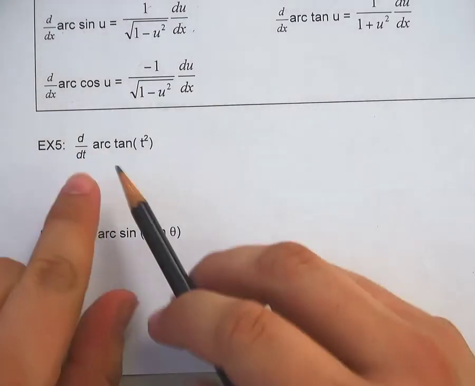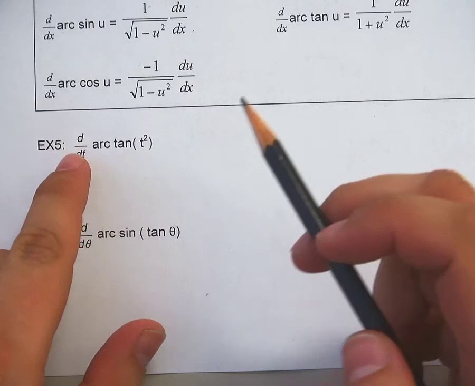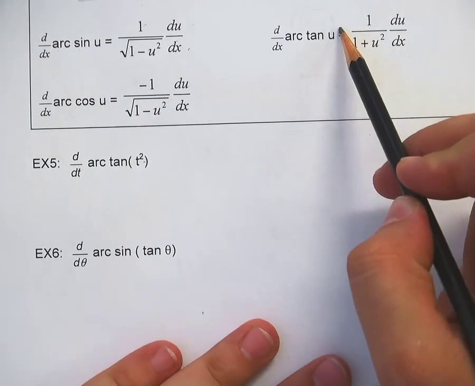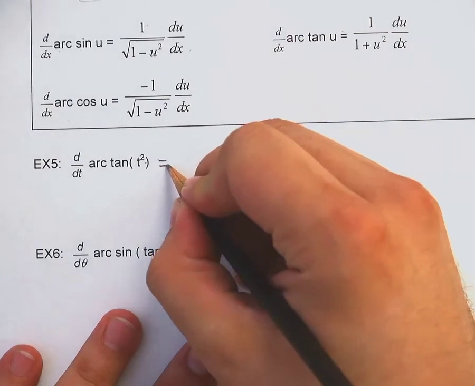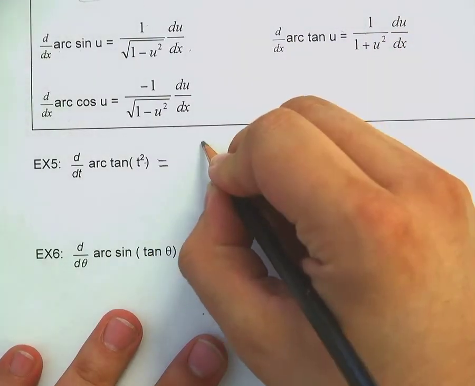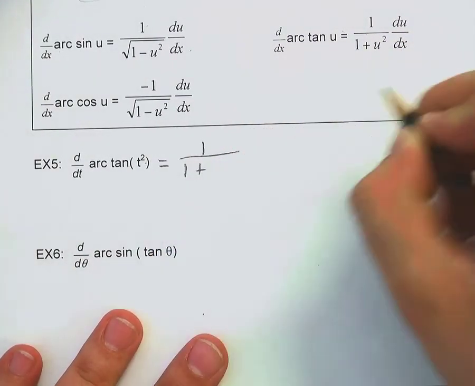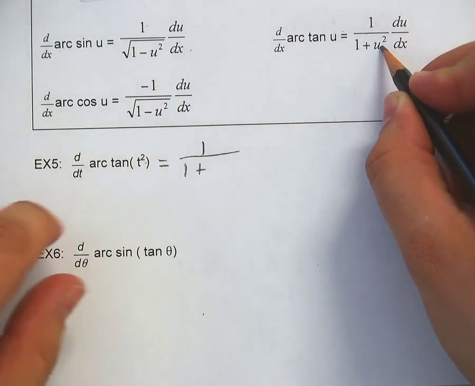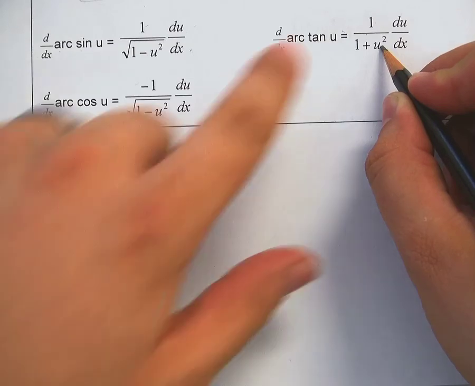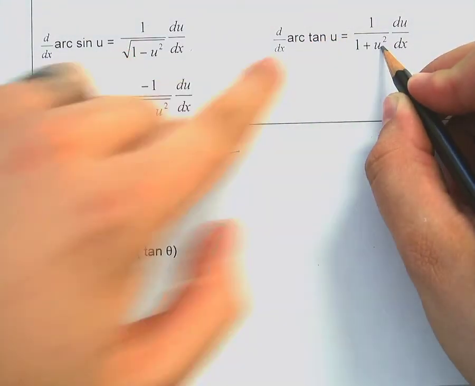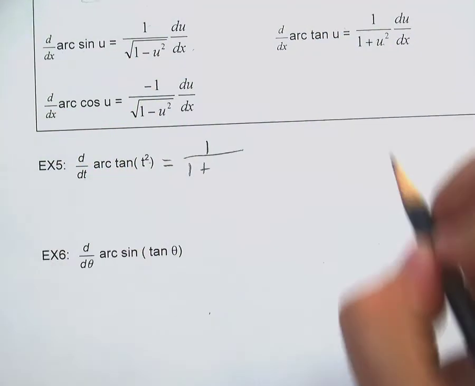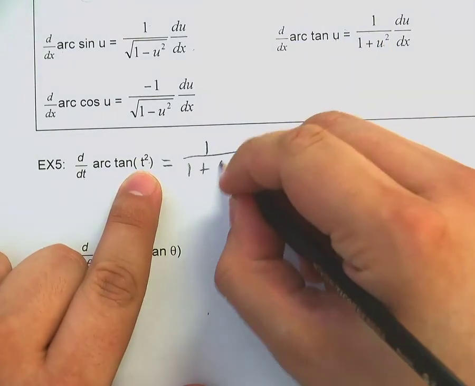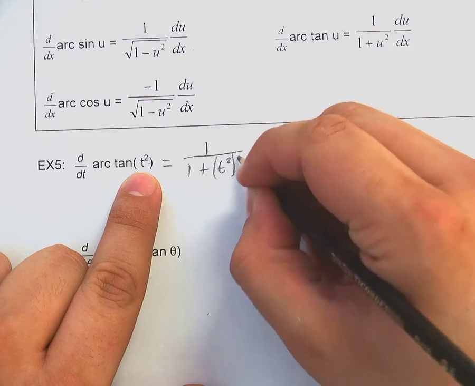So the derivative with respect to t of the arctangent of t squared, that's this guy right here, is going to be equal to 1 over 1 plus. Now you see this u squared right here? U in this case is t squared. Okay, so u is t squared, so it's going to be u squared, which is t squared squared.